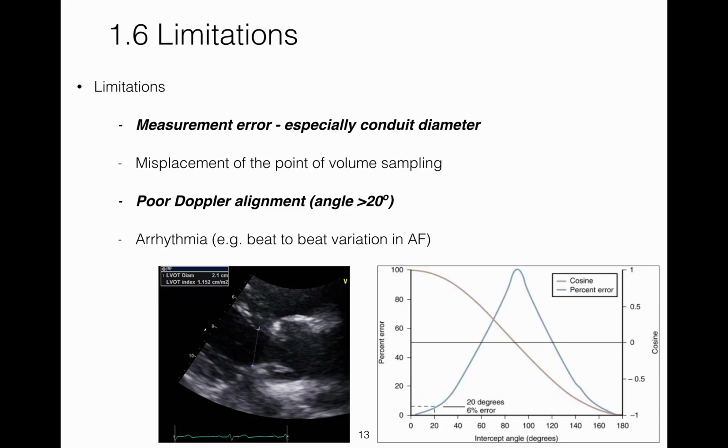There are limitations to the measurements we've reviewed, and these are listed on this slide. The two limitations that require the most careful attention as a sonographer are the conduit diameter and the Doppler beam alignment measurements when making measurements using the continuity equation.